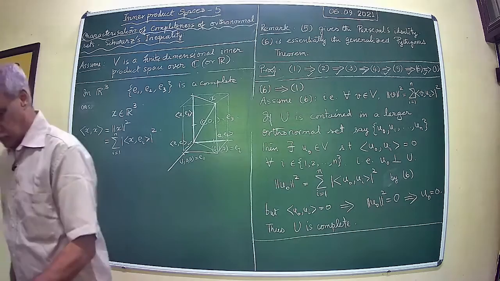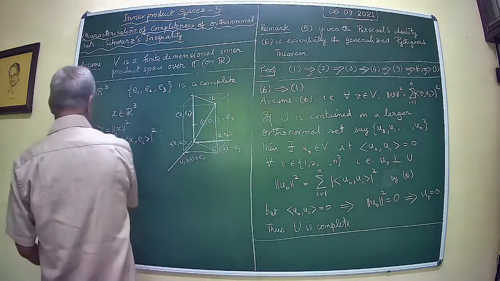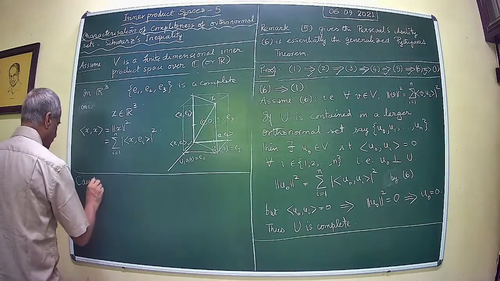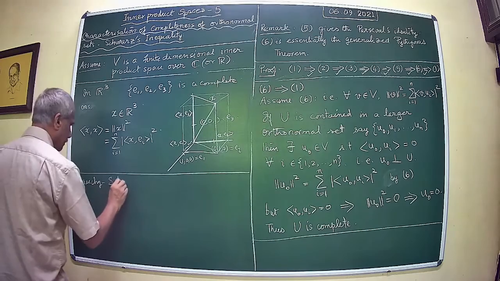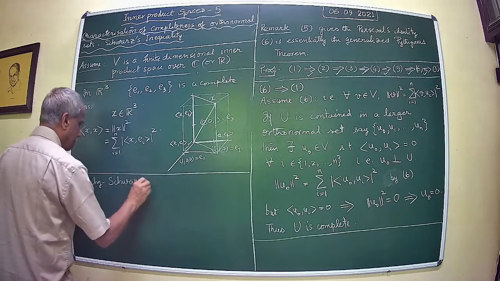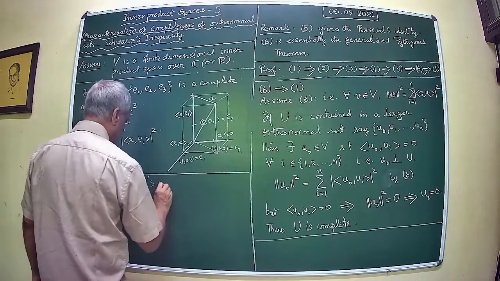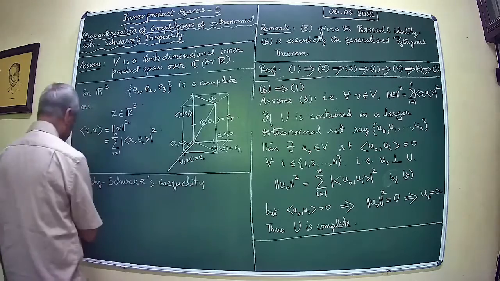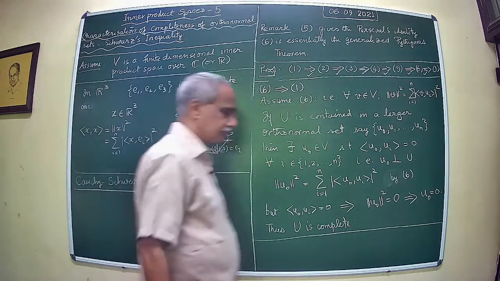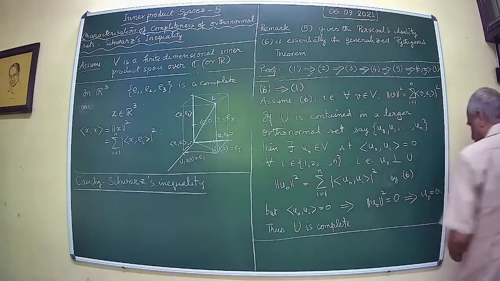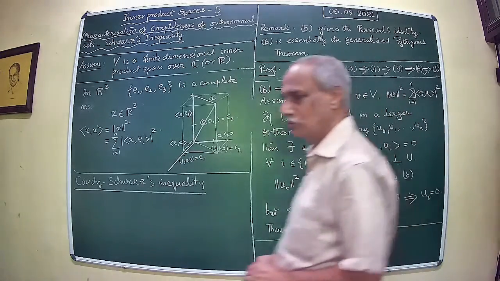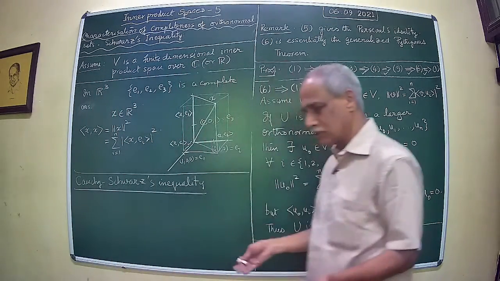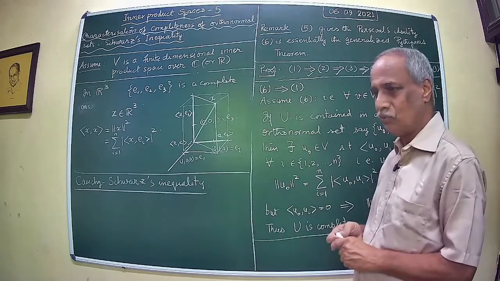Okay. Now let us prove the famous Cauchy-Schwarz inequality. See, in R3 or R2, this is essentially the statement that mod cos theta is less than or equal to 1.